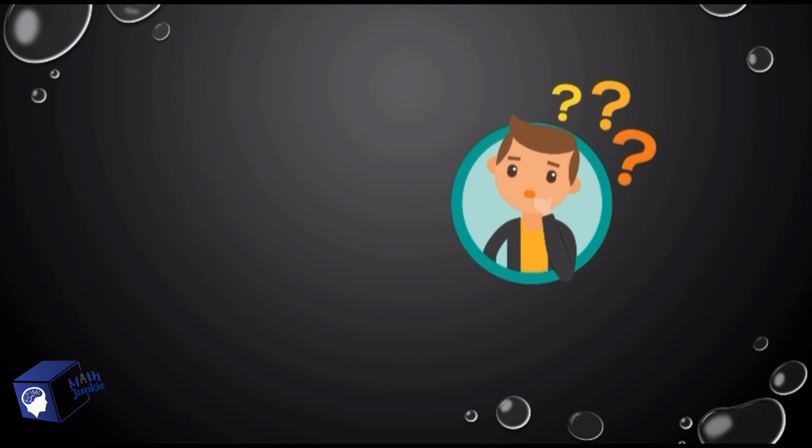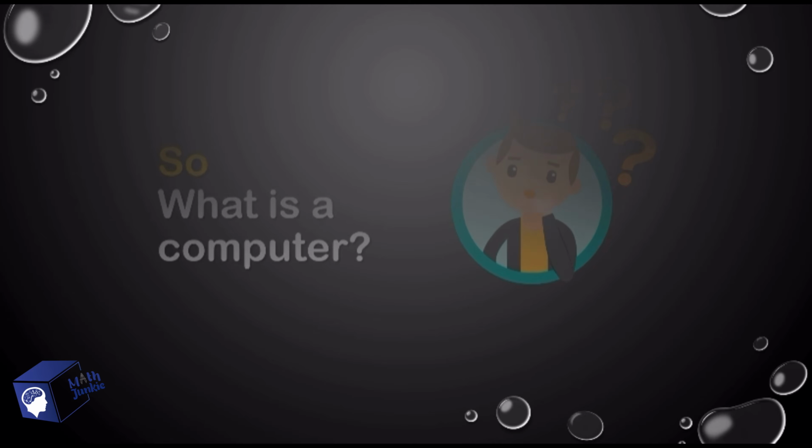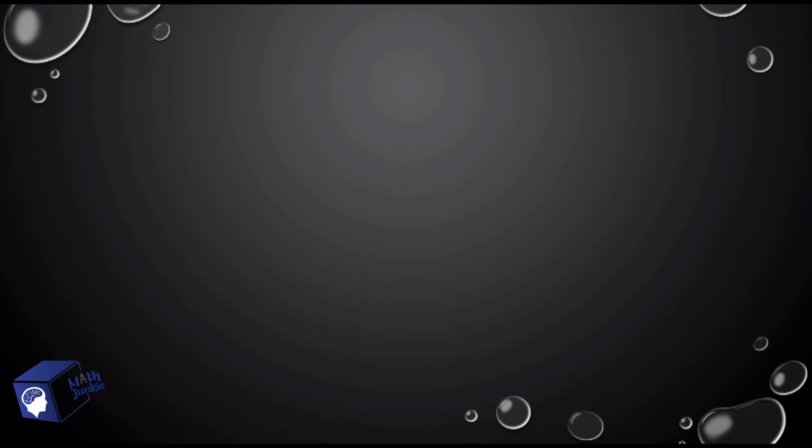So let's get started, and we will start with a very simple question, that what is a computer? I know you all guys must be knowing the answer of this question, but we will have a very quick overview by considering a very simple example from your daily life.